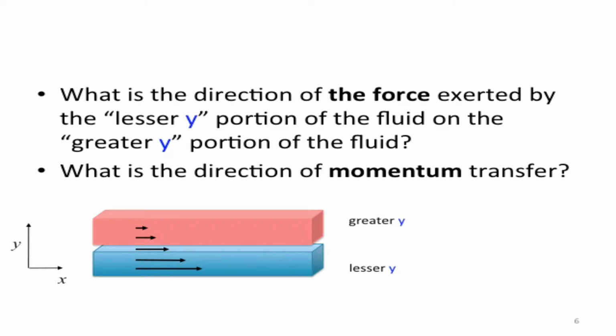Okay? So momentum is transferring in the y direction while the force itself is in the x direction. So I have these two views, so to speak. There's a force view and there's a momentum transfer view. So I can look at it as a force. I'm literally pulling something in this direction. Or I can look at the molecules, little molecules all over the place, having larger momentum because of their x velocity.